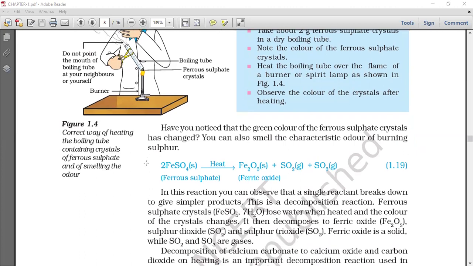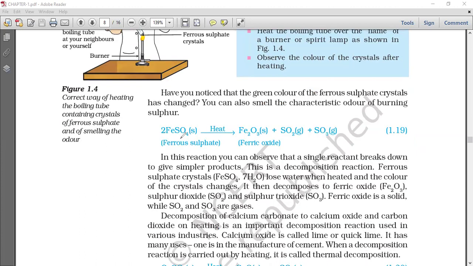Now the chemical reaction is given. What are we taking? Ferrous sulfate, which is light green in color. What are we doing? We are heating it in a test tube. So it gives ferric oxide, Fe2O3 solid, plus sulfur dioxide. It is given already here in this paragraph.